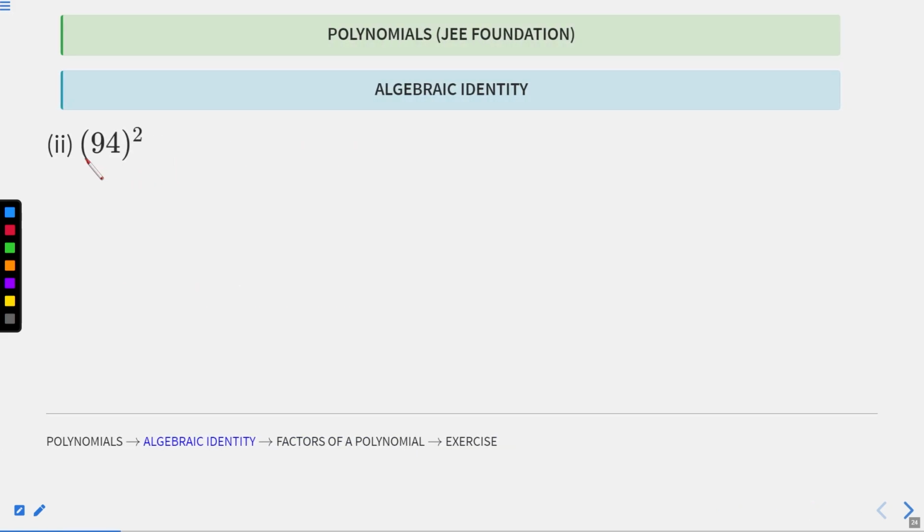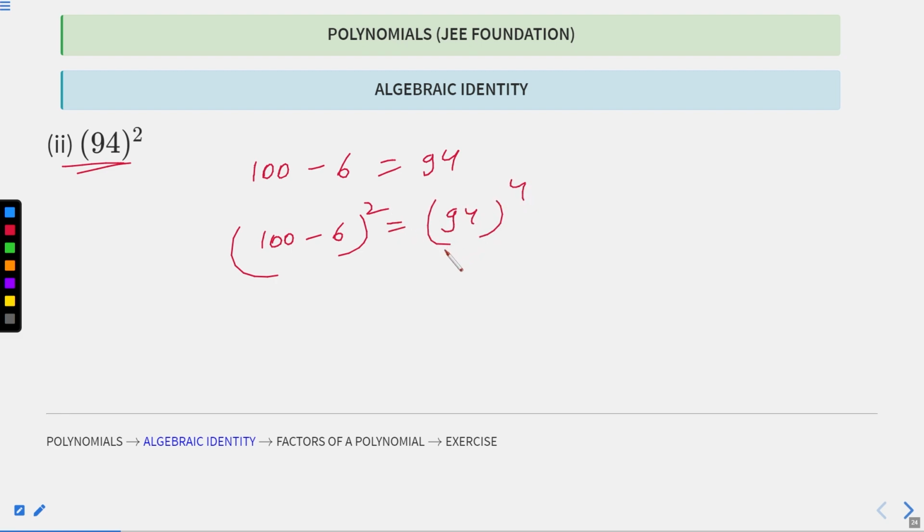Just solve it like the previous. Now we see 100 minus 6 is equal to 94, and 100 minus 6 whole square will be equal to 94 square. And indeed this is our question. So solving for this is the same as solving for this.